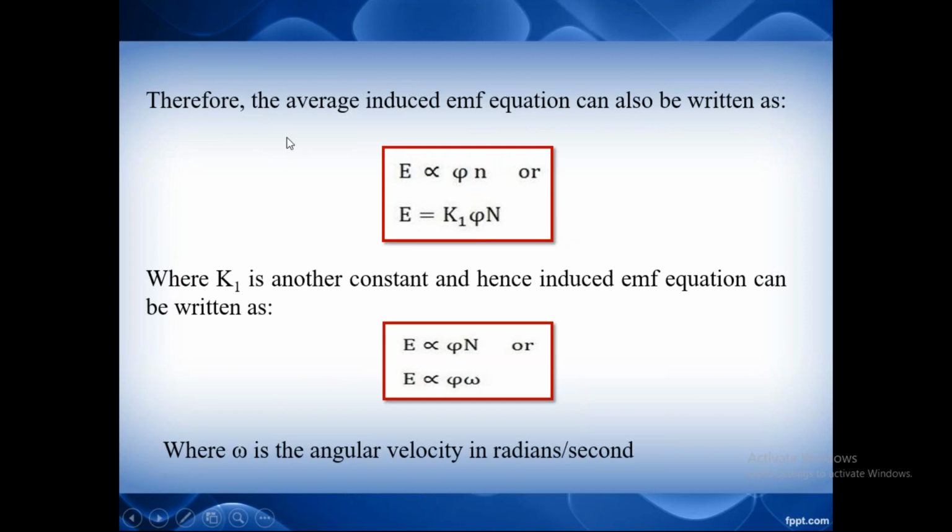Therefore the induced EMF is directly proportional, so E = K1 φ n. Here K is a constant and φ n is the variable.